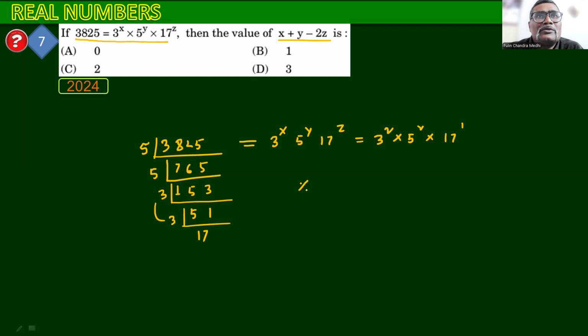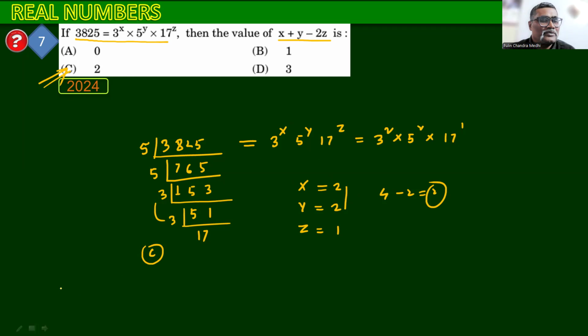Now compare, what is x? X is 2. What is y? Y is also 2. What is z? Z is 1. So x plus y is 4, minus 2z is 2. So the value is 2. So which part? C is the answer, right? So C is the correct answer. Good one.